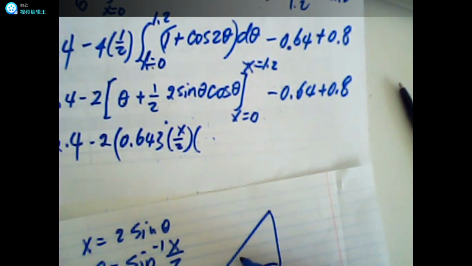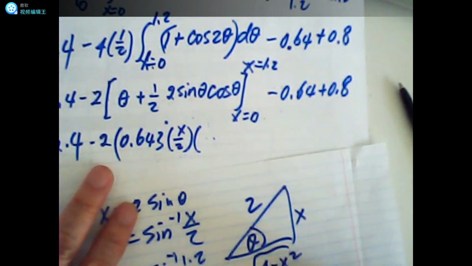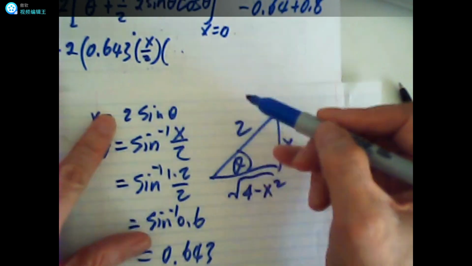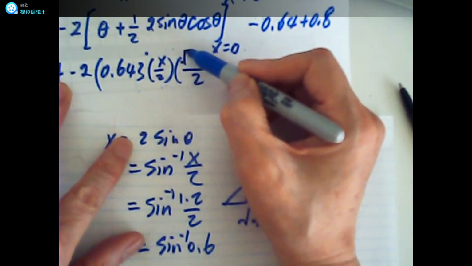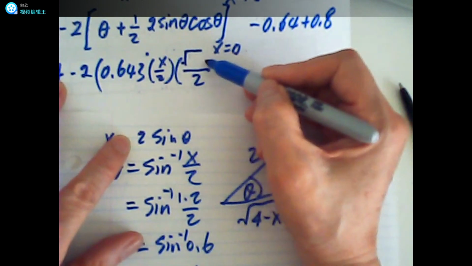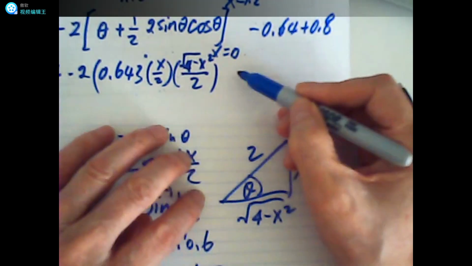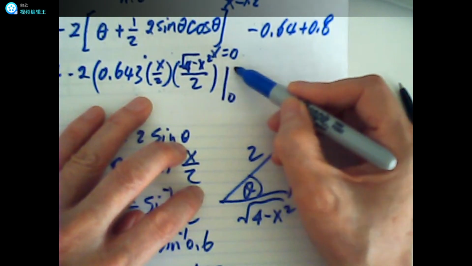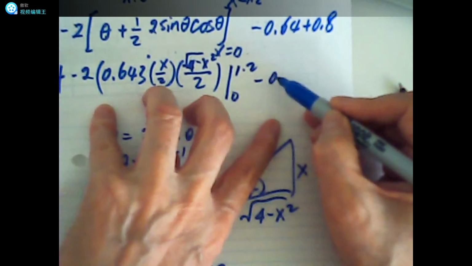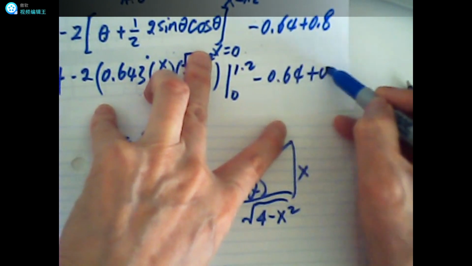Okay, this is theta, this is x, this is 2, so this will be the square root of 4 minus x squared. So the cosine is this over 2, right? This is 2. Cosine is square root of 4 minus x squared over 2. Okay, x is from 0 to 1.2, minus 0.64 plus 0.8.